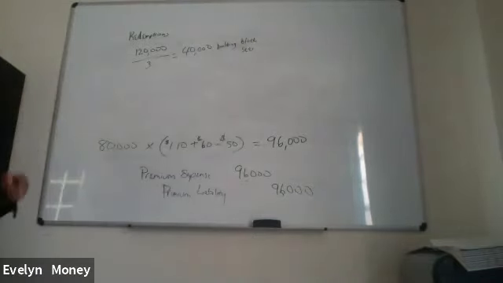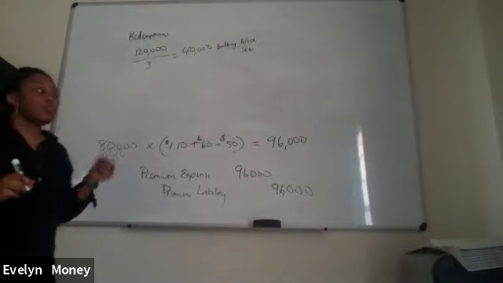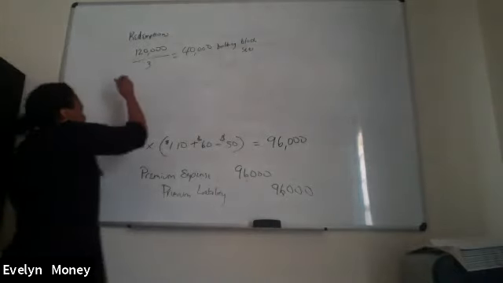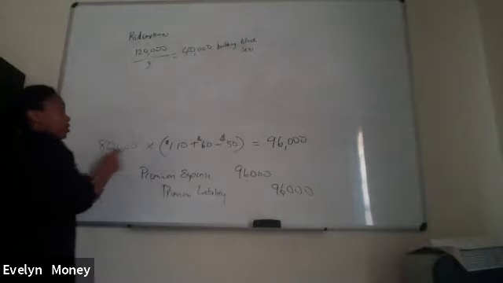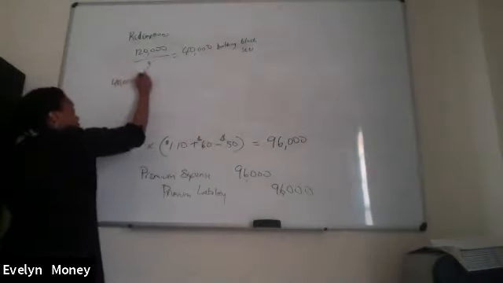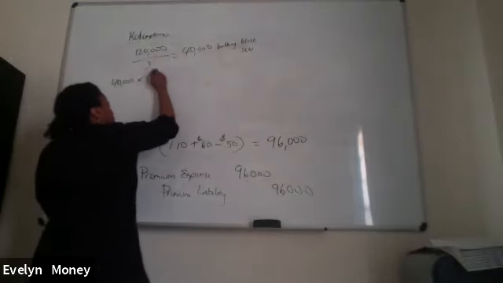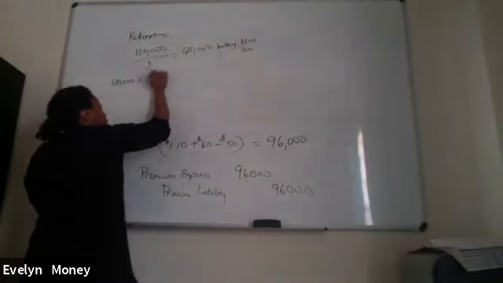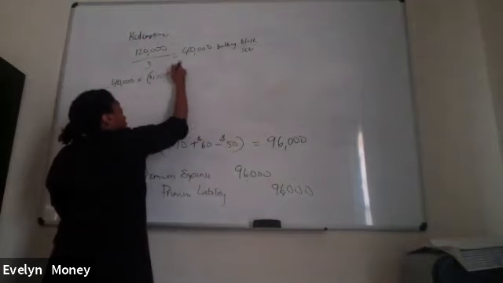Now we need to assign a dollar value to those 40,000 building block sets. And we do that by using the same formula down here, where we take the 40,000 and multiply it times the cost to us. Each building block set costs $1.10.